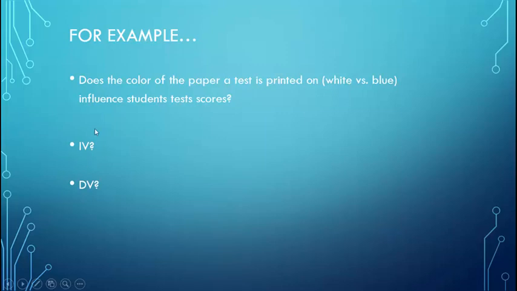We think that color of paper is going to cause a change in the dependent variable. This is the measured variable of students' test scores. So students' test scores is our dependent variable. This is where we expect to see our effect. And this is the measured variable, meaning I don't manipulate it, I just measure it.